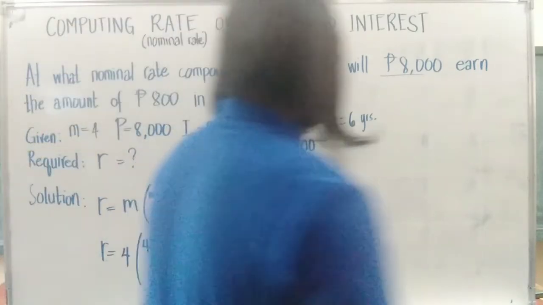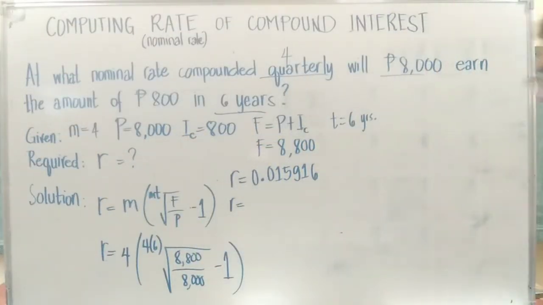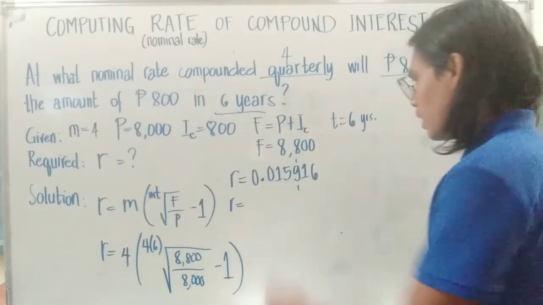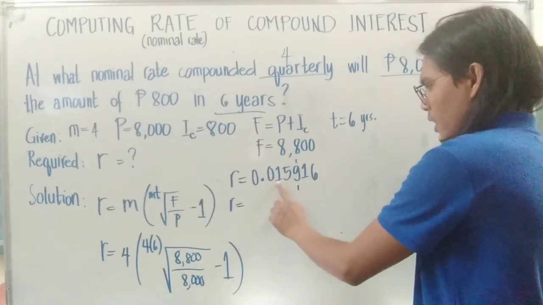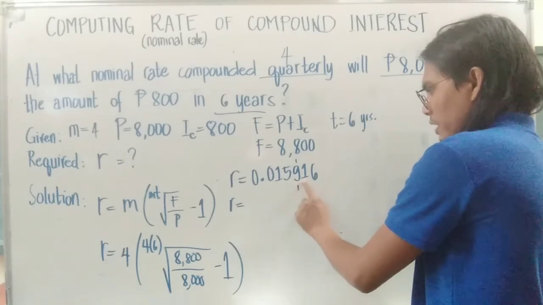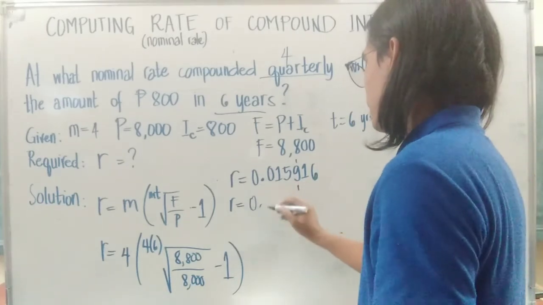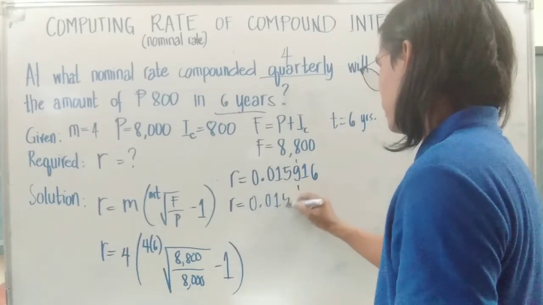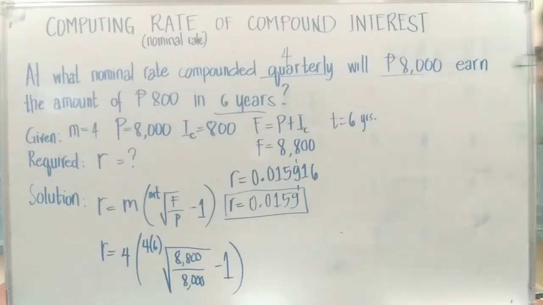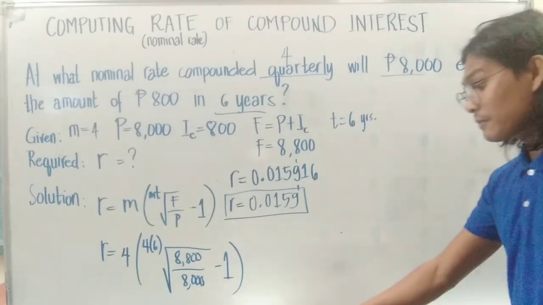Rounding off to 4 decimal places, we have 0, 1, 5, 9. The preceding number 9 is 1, so we will be retaining the value of 0.0159.